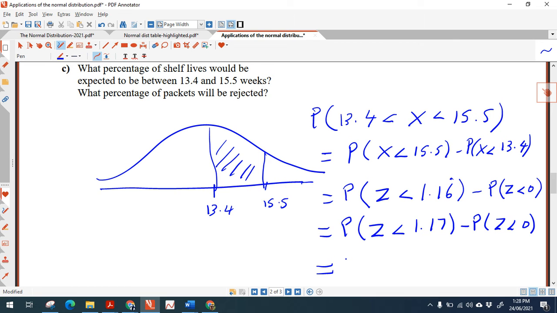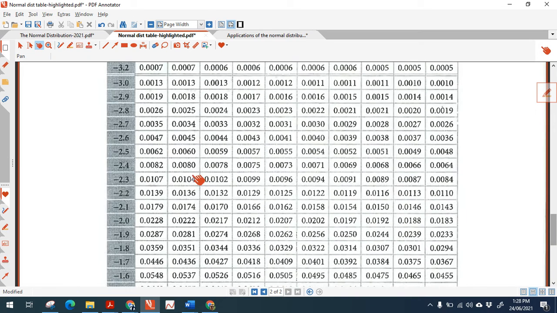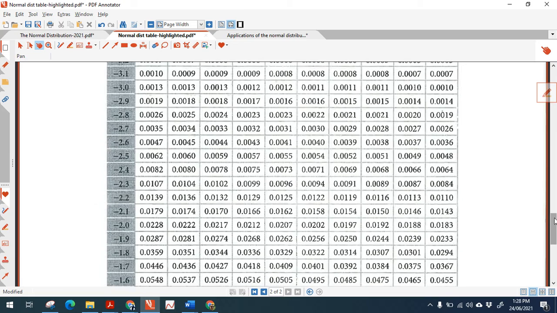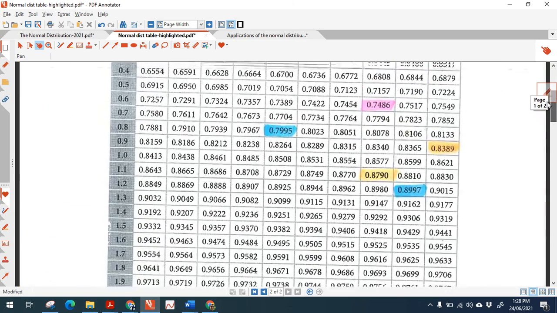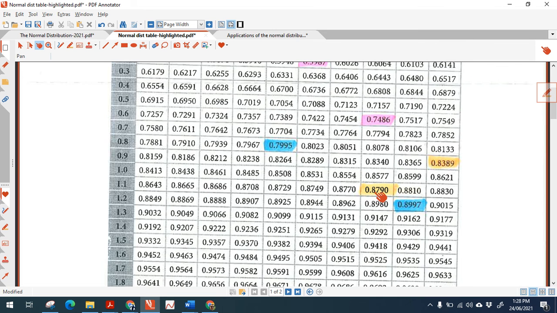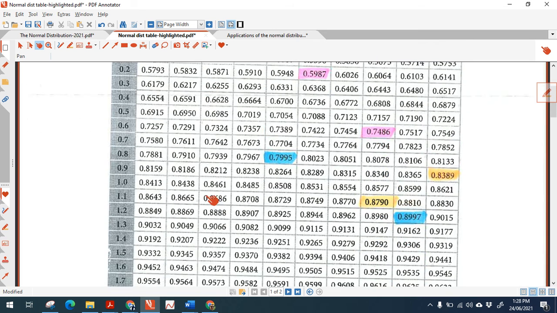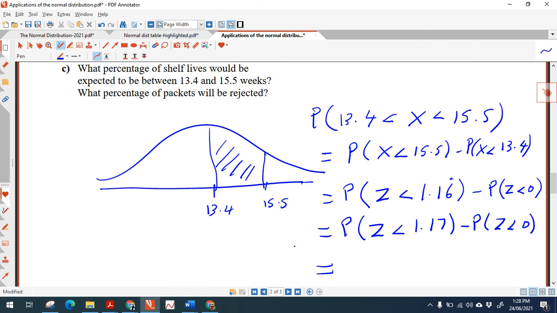All right, so on your Z distribution table, let's see if we can find 1.17. Okay, so 1.17 will be right here. See, there's a 7, there's 1.1, so 0.8790. Okay, so that means we have 0.8790 minus, now we don't need to do too much work for this one.